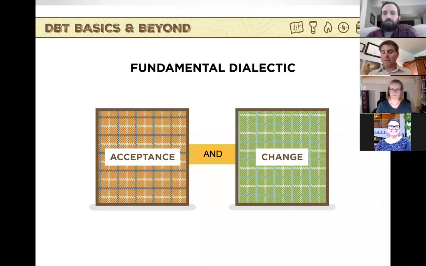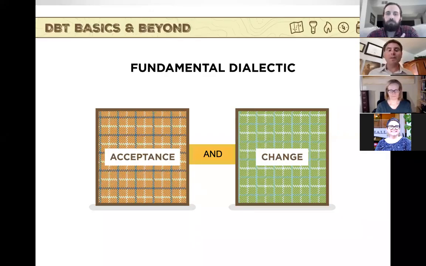So going back to Marsha Linehan, what she realized when she was working with this population of people that were highly emotionally dysregulated was, on one hand, they needed to be desperately accepted for exactly who they were, just unconditionally accepted. Why is that? Well, just think of their history of chronic invalidation, right?